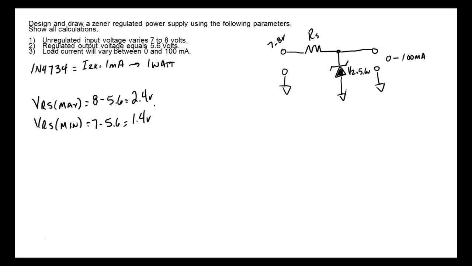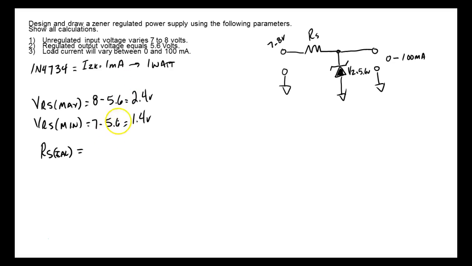So to calculate the size of RS, or calculated, right? You'll understand that. I need to put this. This is calculated, but this is not the one we're going to use. So your calculated value is never going to be the one you use, right? You understand that? It's always going to be lower.